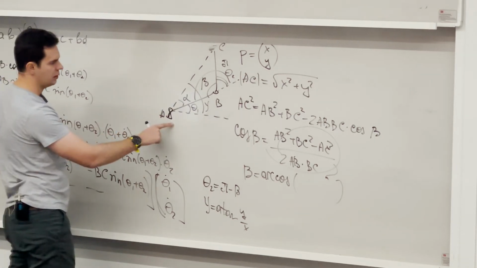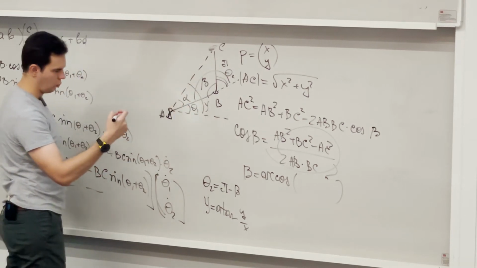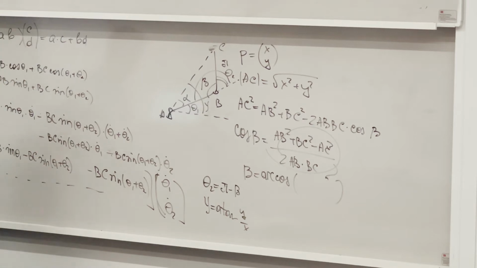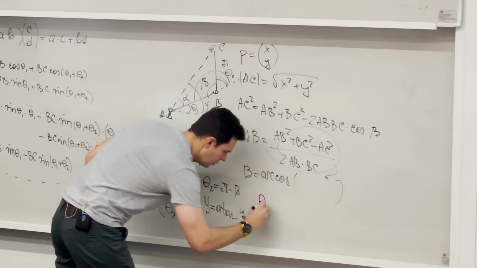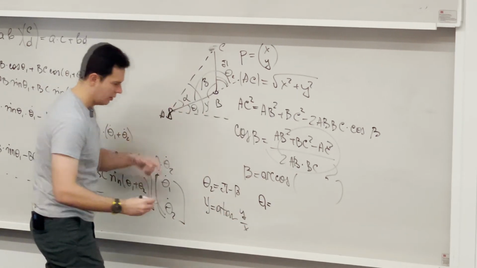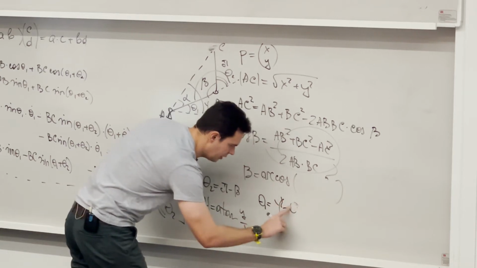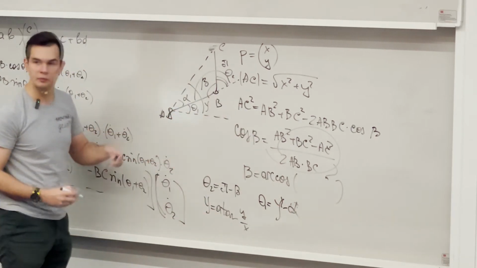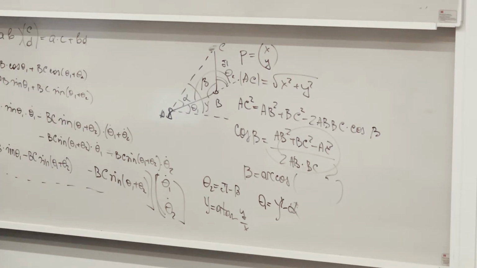So tangent will be y divided by x, if I'm not mistaken. And theta 1 will be gamma minus alpha. Okay?